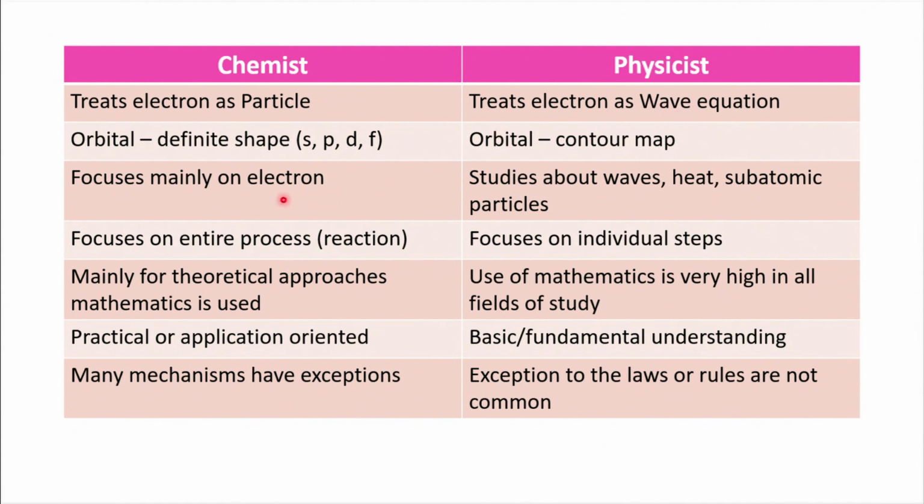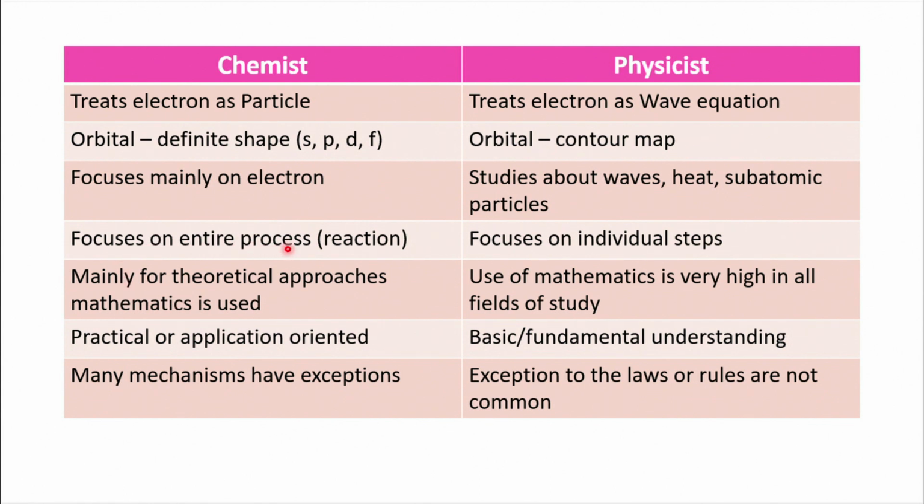For a chemist, orbitals have definite shapes, S, P, D, F orbitals you are already aware of. But a physicist talks about a contour map when he discusses orbitals. The chemist mainly focuses on the electron. In other words, the study of organic chemistry basically revolves around electrons, whereas physicists study waves, heat, subatomic particles.